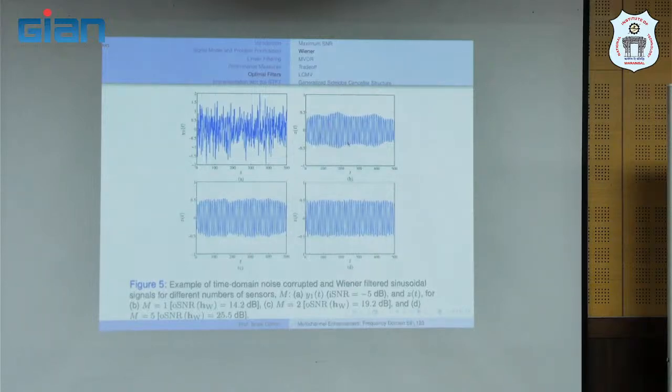So you see we have much improvement compared to what we learned when we used only a single sensor, because we're able to separate. The separation is 70 degrees. So the desired source and interference come from different directions. So when we have like 5 sensors, we're able to get a very good estimate of the desired signal.